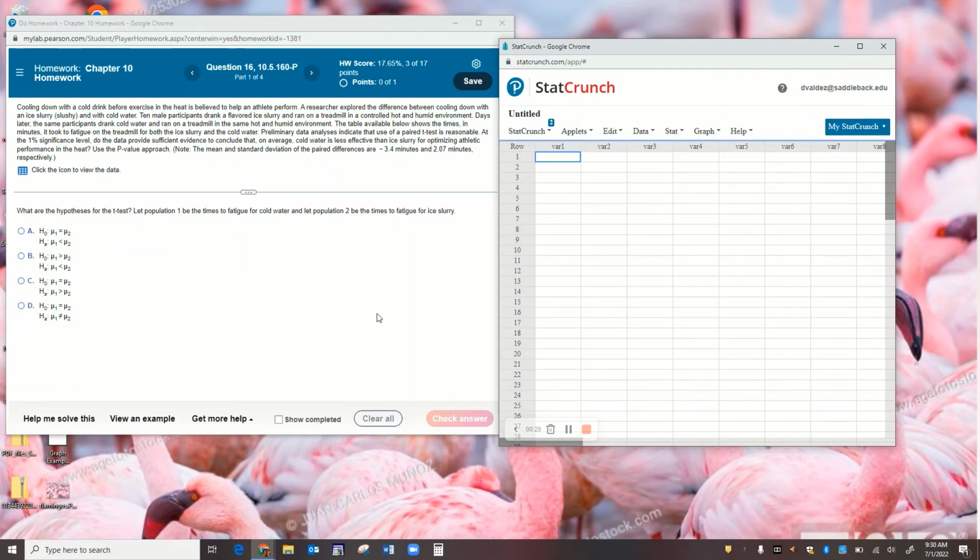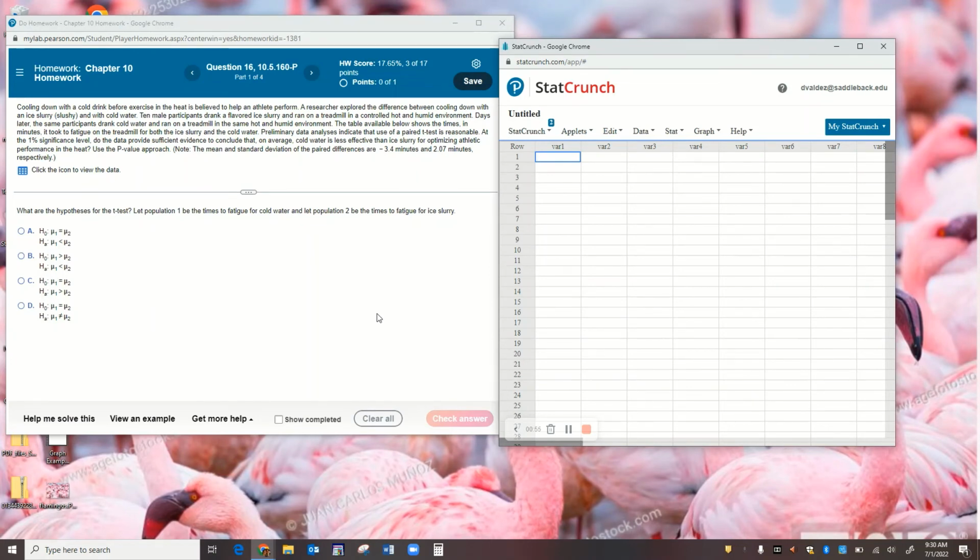That sounds like torture. Days later, the same participants, it's the same participants, that's why it's paired, drank cold water and ran on a treadmill in the same hot and humid environment. The table available below shows the times in minutes it took to fatigue on the treadmill for both the ice slurry and cold water. Preliminary data analyses indicate that the use of a paired t-test is reasonable.